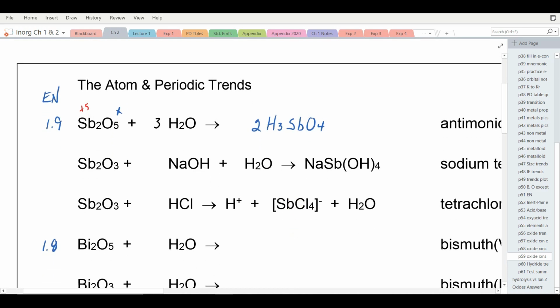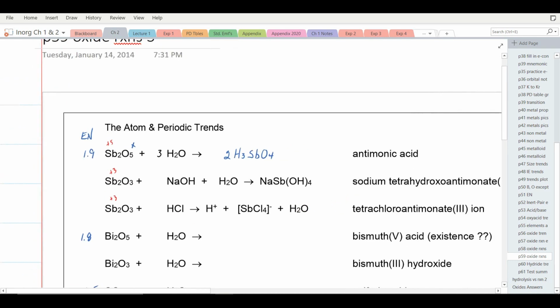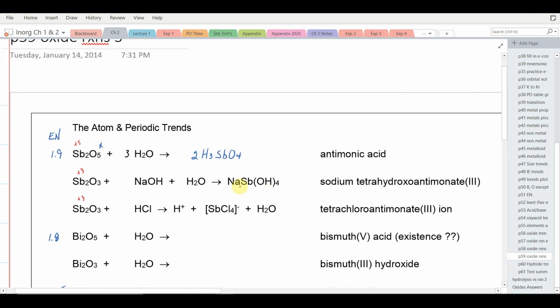We have antimony III oxide. We have 2 of those. They are in fact amphoteric, dissolving in base, dissolving in acid. In base, it forms sodium tetrahydroxoantimonate(III).